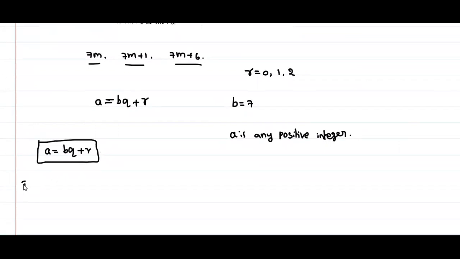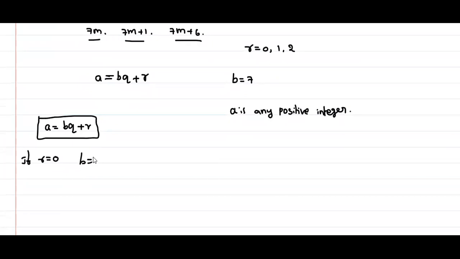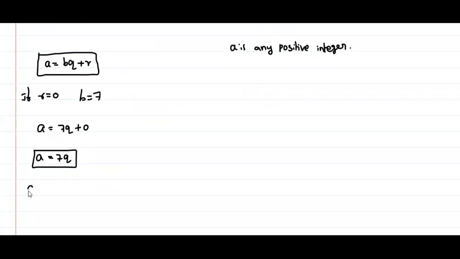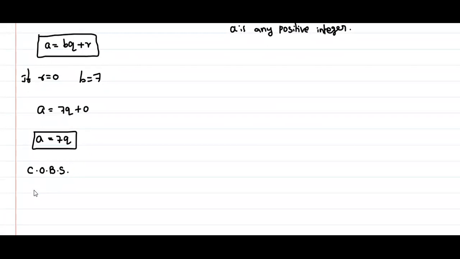If r is equal to 0 and b is equal to 7, a is equal to 7q plus 0, that is, a is equal to 7q. Clearly mentioned in the question, cube of any positive integer. So cubing on both sides, a cube is equal to 7q whole cube.